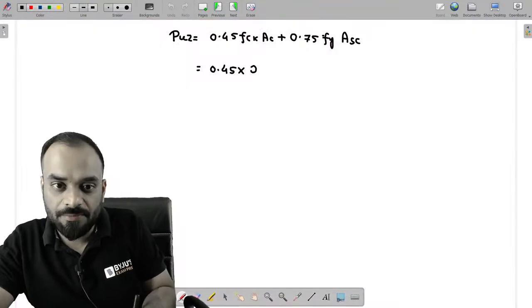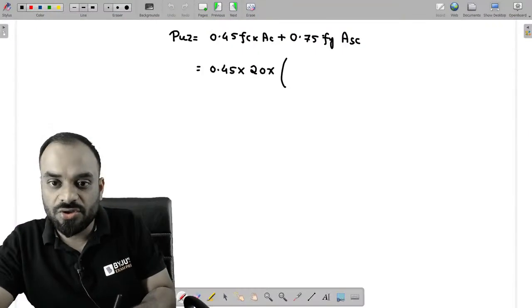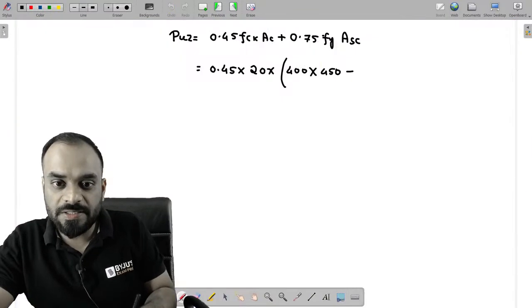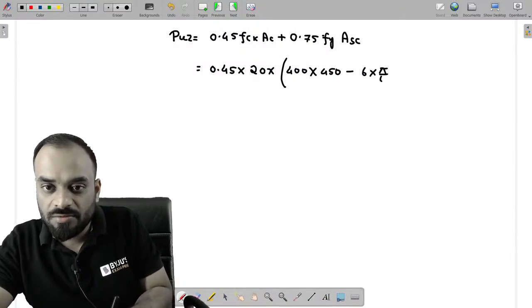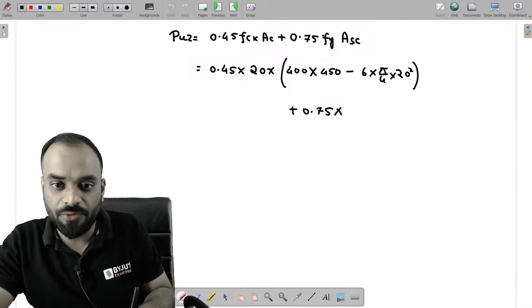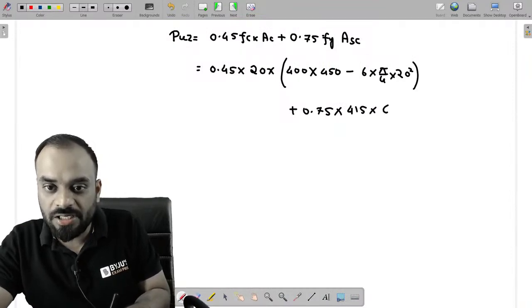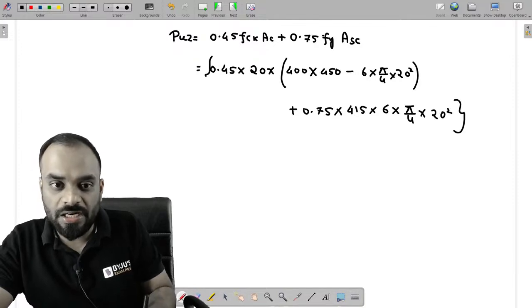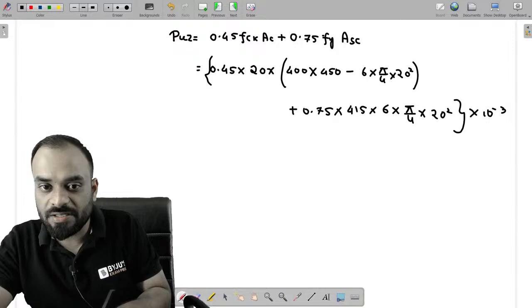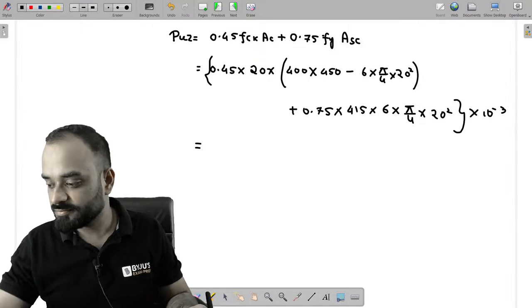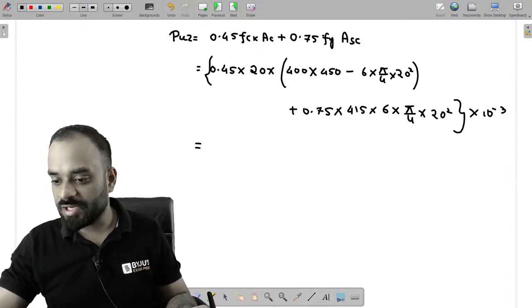We are using 20, and the area of concrete: this is the cross section, 400 cross 450 minus 6 bars, so this will be the net area of concrete, plus 0.75 Fy, which is 415, and then again multiply by the area of reinforcement. Kindly put the bracket and multiply it by 10 raised to the power minus 3. You will get your answer. Kindly solve it, guys, and let me know how much you are getting.